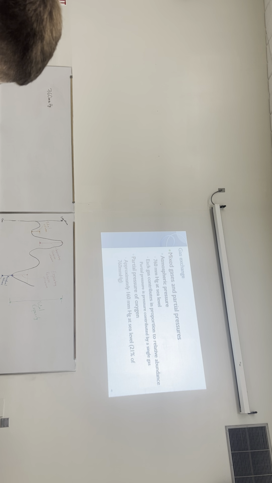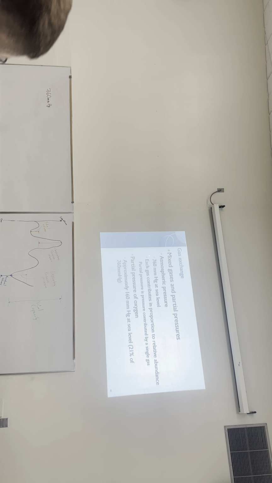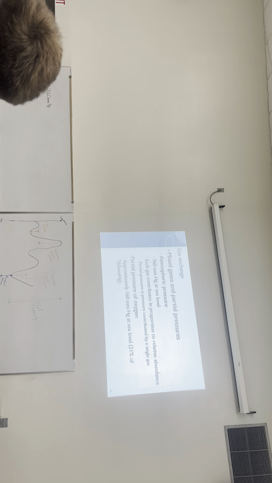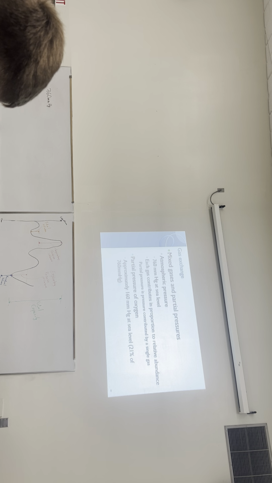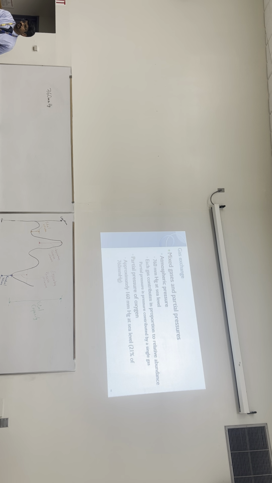So, what are some things to remember? At sea level, atmospheric pressure is 760 millimeters of mercury. It depends on each gas. So if 21% of atmospheric air is oxygen, then out of this 760, 21% is the partial pressure of oxygen.